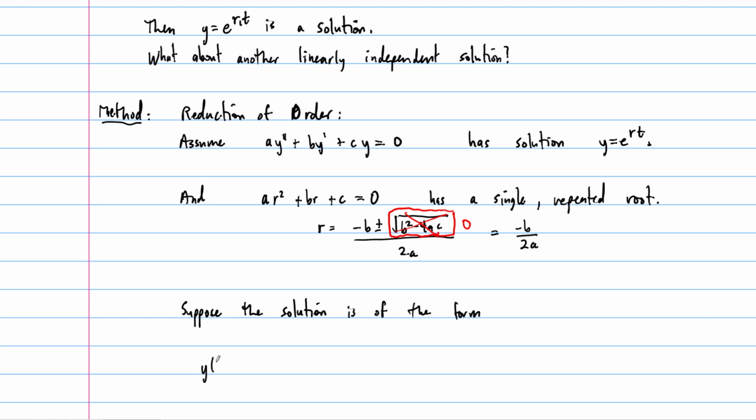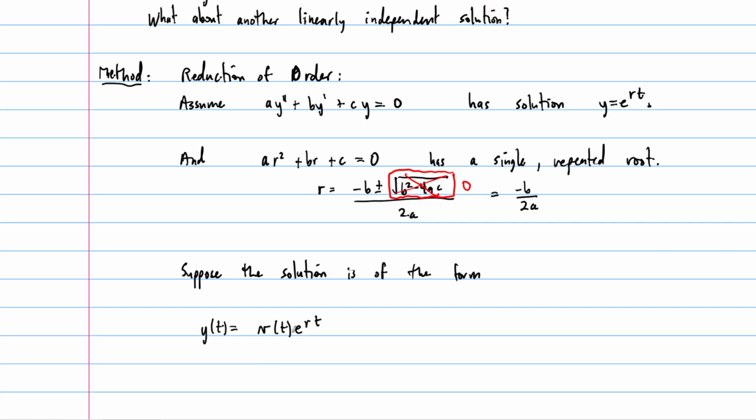So let's assume that our solution y of t is going to be equal to some unknown function v of t times our given solution, so times e to the rt. So we're assuming now that our solution to the differential equation, the general solution, is going to be a constant times e to the rt, and then we're going to allow that constant to be a function, right? We're going to allow it to vary.